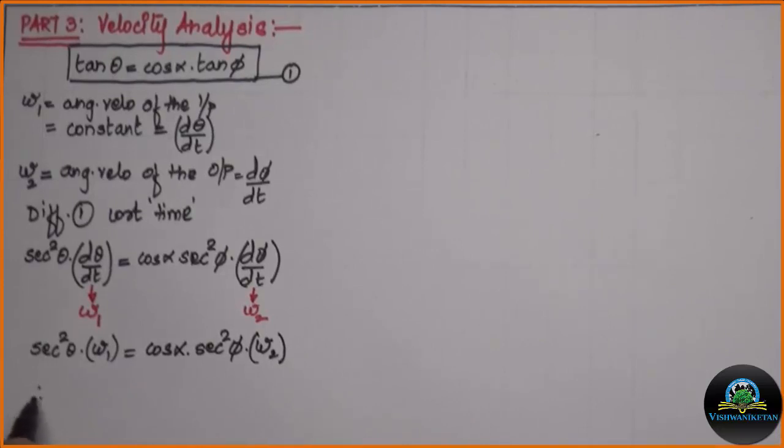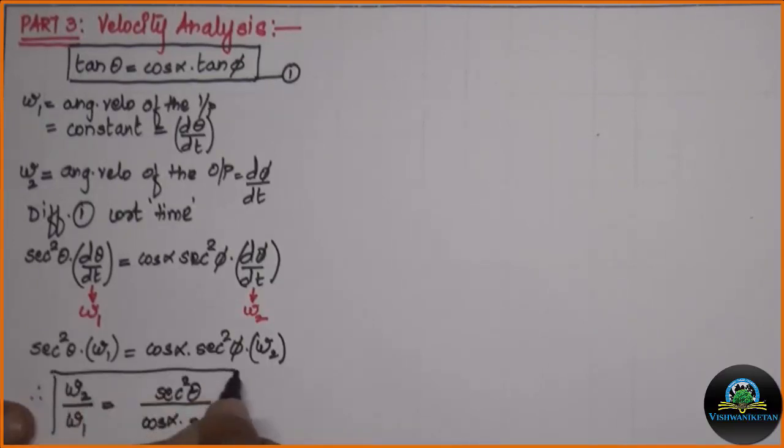Now, I will write this as a ratio of output velocity in the numerator divided by input velocity in the denominator. This gives an equation where sec square theta remains in the numerator and cos alpha sec square phi goes in the denominator.